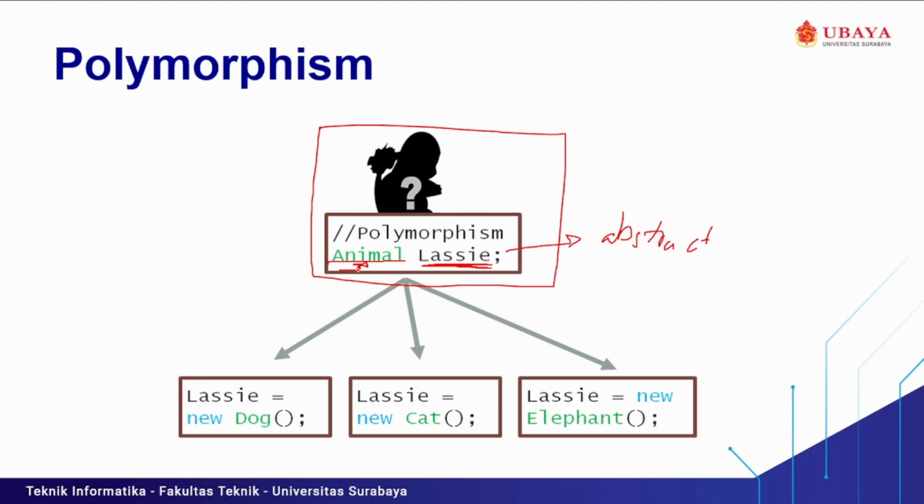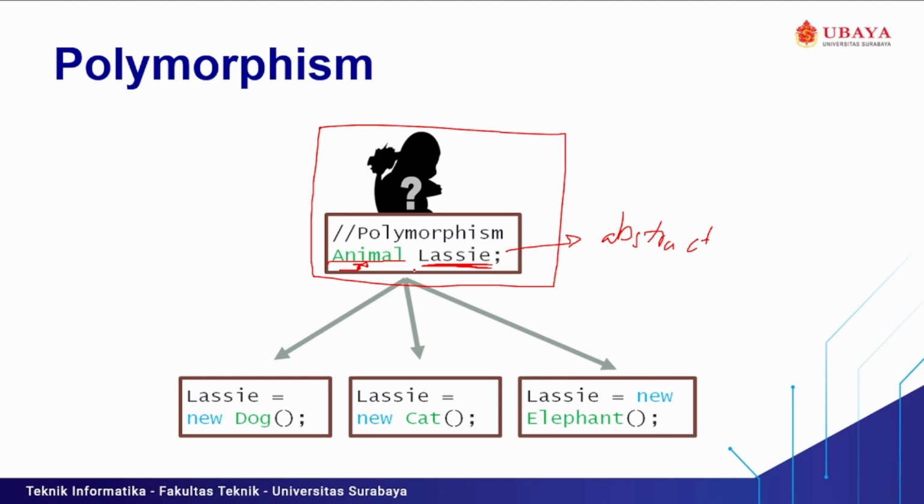We know that lazy is an object of the animal class, but we are not sure which animal exactly lazy is. There are a lot of animal types, right? Dog, cat, tiger, elephant, dragon, snake, whatever you can name. In this case, polymorphism means that we can change the characteristic of this base class object into one of its derived classes.